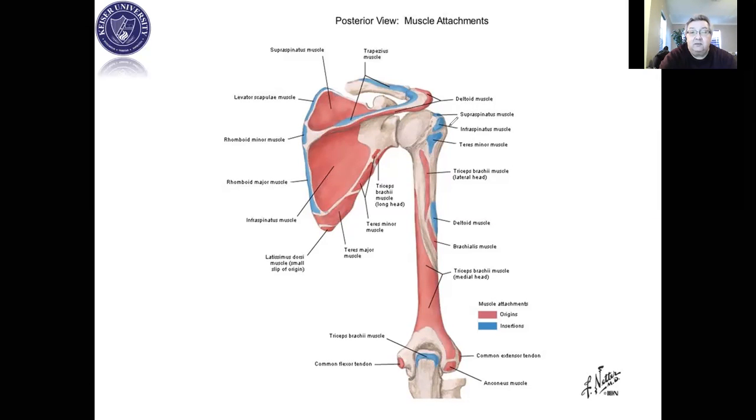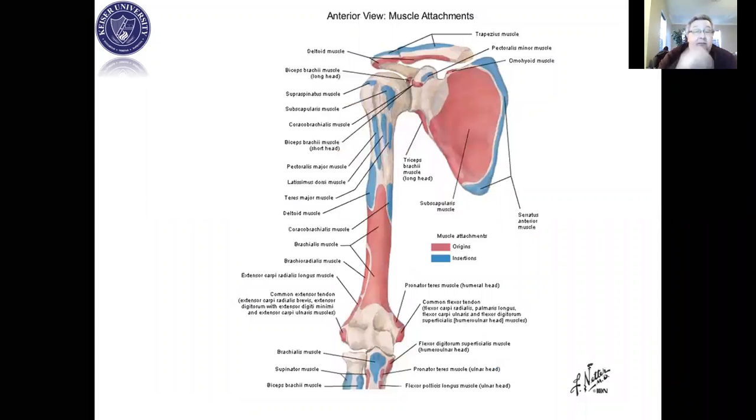And the next picture will show the bones on an anterior view. Okay. And you can see the difference. So on the scapula, you know this is an anterior view because there's no spine of the scapula here. All right. This area right here is the subscapular fossa where the subscapularis origin is.